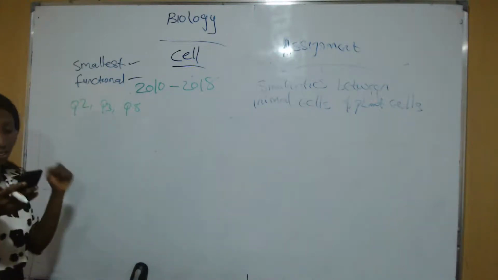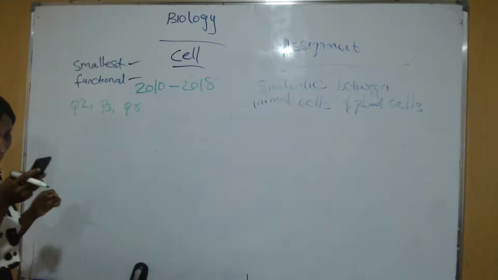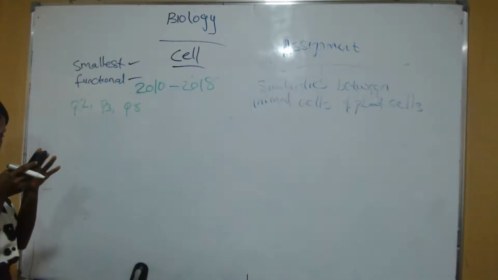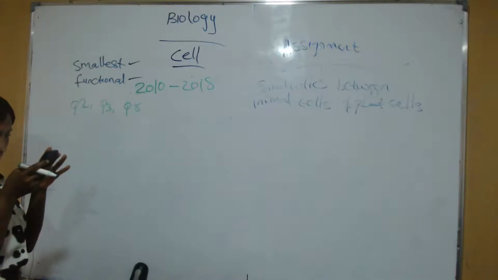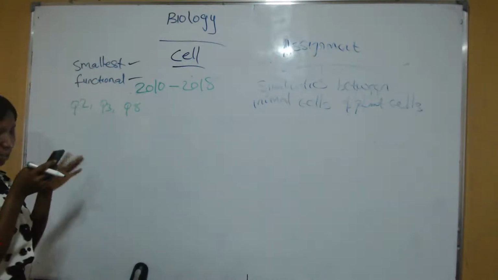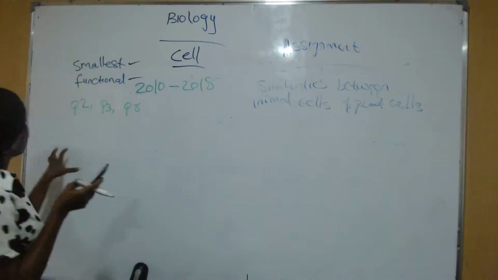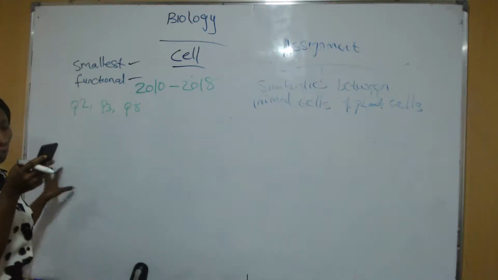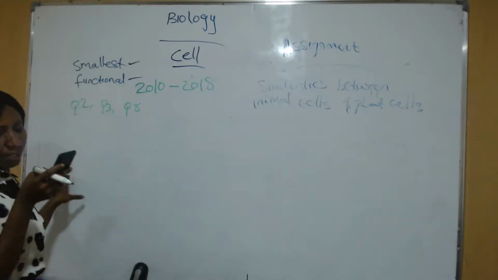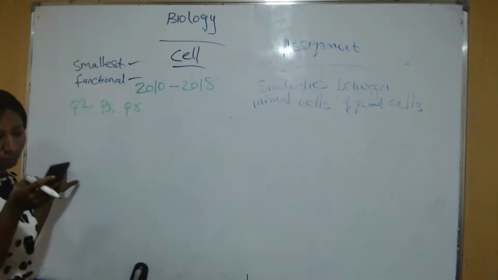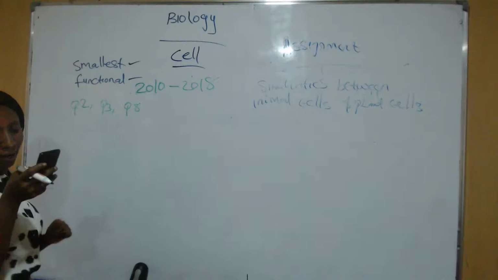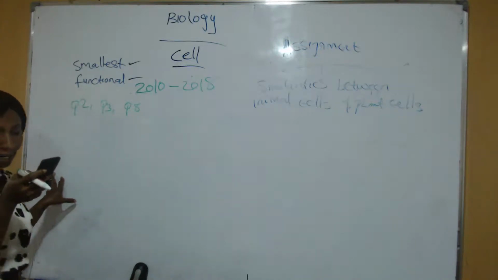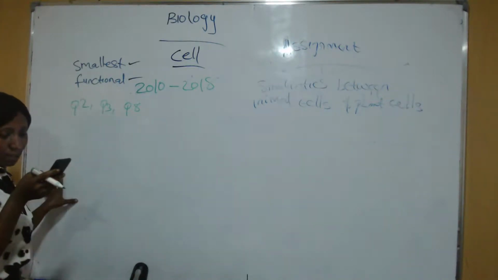In case you see it in any other place, then the next question says, which of the following groups of cells is devoid of true nuclei? A, algae, B, Monera, C, fungi, and D, viruses.